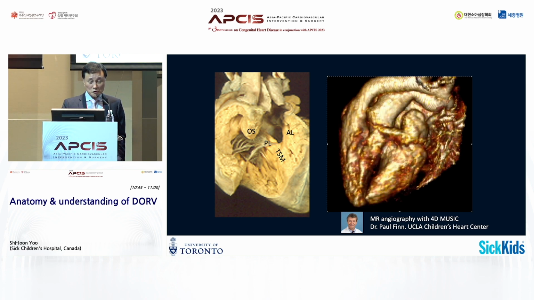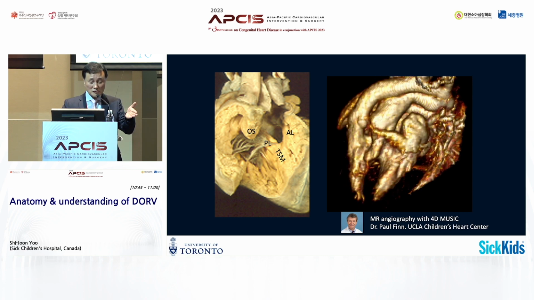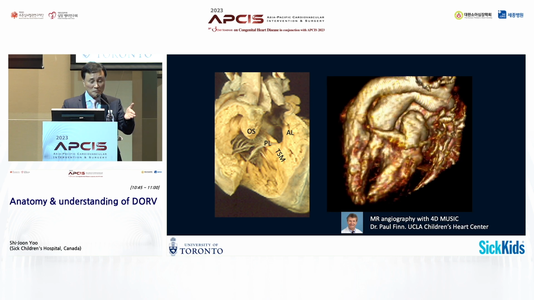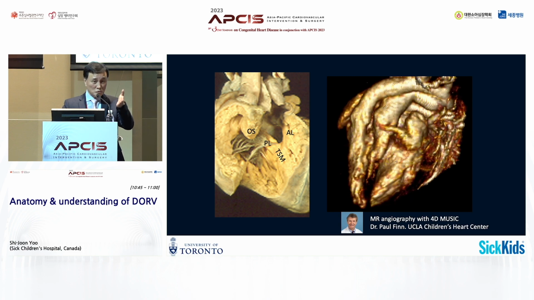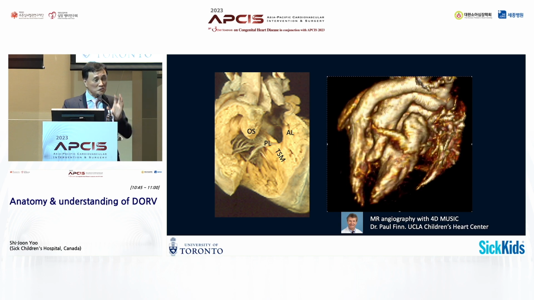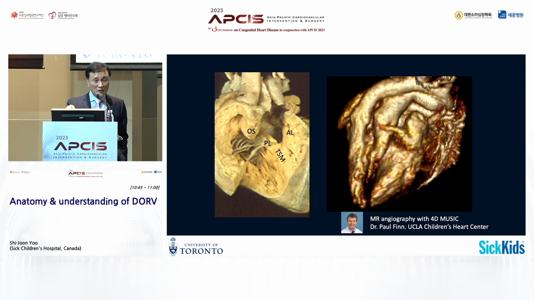And then outlet septum goes to where? Right margin of the VSD, making this VSD below the pulmonary valve, nothing to do with the subaortic outflow tract, right? Outlet septum inserting to the right margin of the VSD. This is well described in the literature. But actually, in clinical cases, you see far more frequently this.